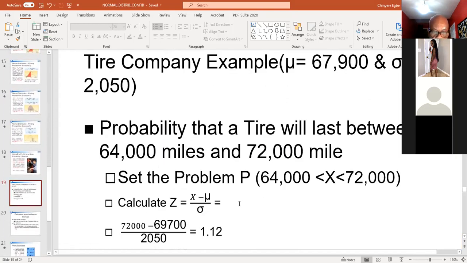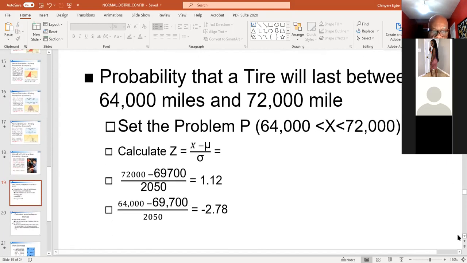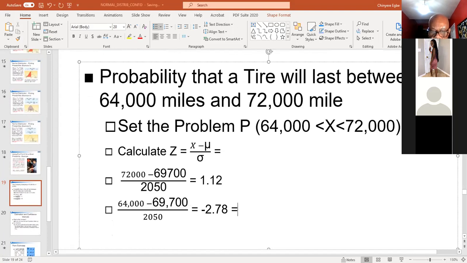So the probability of a tire being between 64,000 and 72,000 is equal to 0.4973 plus 0.3686.